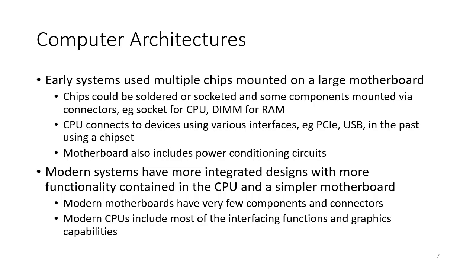If you look at a modern motherboard, there's often very few components, very few connectors, and the reason is that modern CPUs include most of the interfacing functions and of course graphics capabilities, which in the past would have been separated out onto separate boards. One of the reasons for doing this is the CPU vendors themselves want to simplify the systems, and they can sell more or have more expensive CPUs by having more functionality.